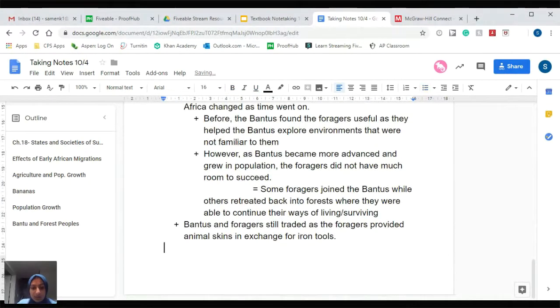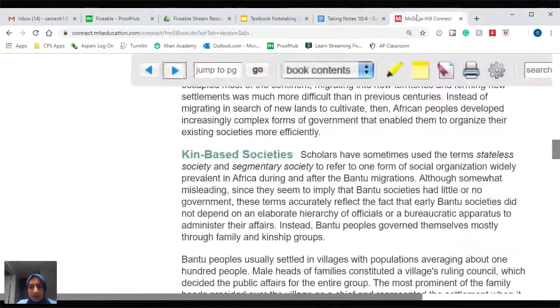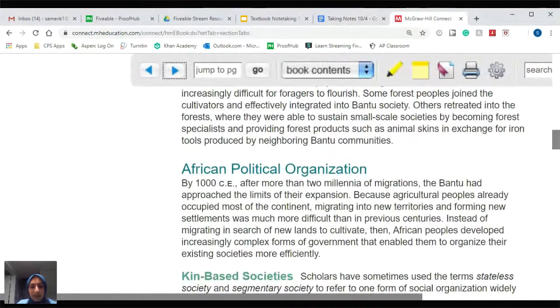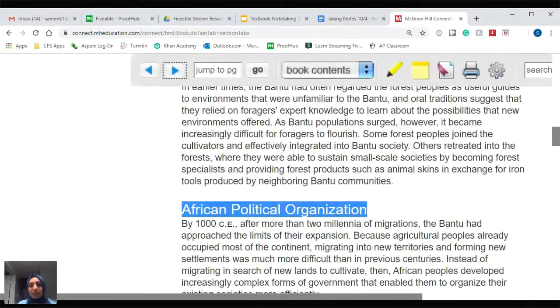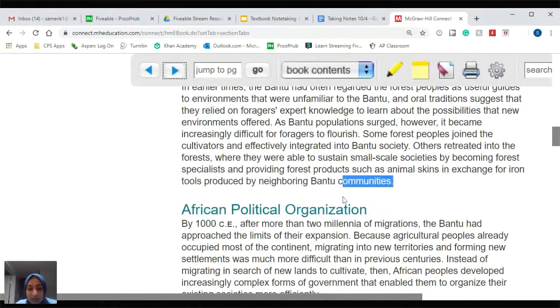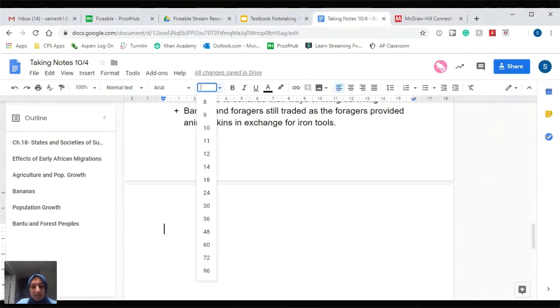Are we on a new page yet? Okay, I'll start this on a new page. Our next topic is African political organization. For the subtitle, remember we had the main title, the chapter name, and then these little subtitles. I bolded and italicized them. You can bold, italicize, color code, whichever way you want.